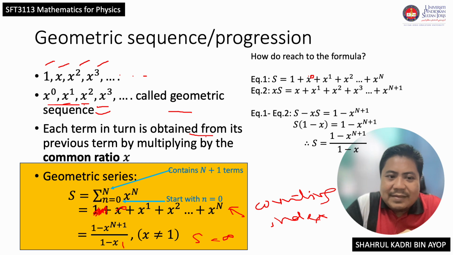That's why I make some correction here. It should be 1 or x to the power of 0, but I choose 1 only, so I delete it here. Now we get the correct one. And this is also okay.